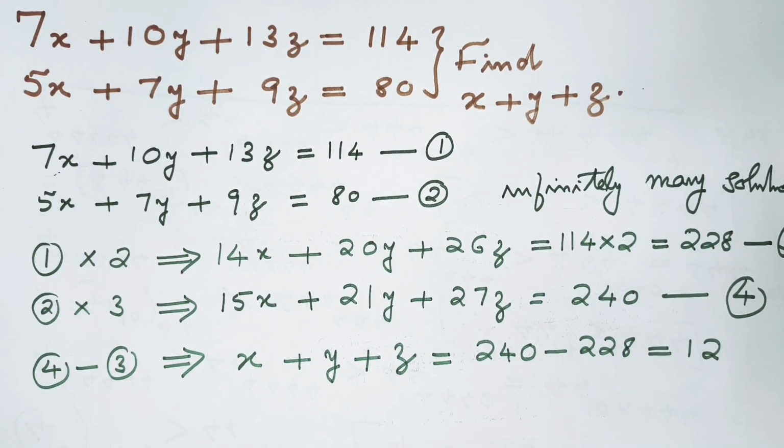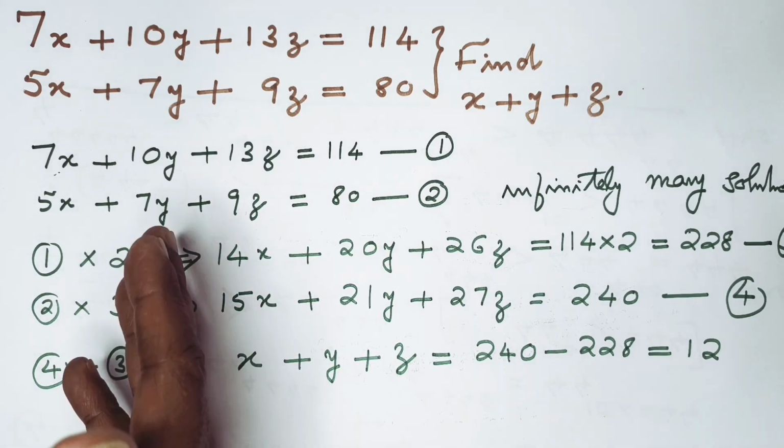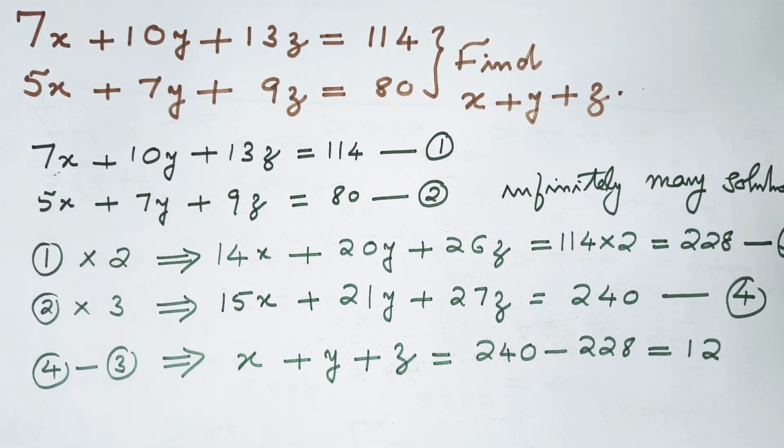Let me add a few more points regarding simultaneous linear equations. See, the general rule to get unique or single solutions of a system of linear equations is that you should have as many equations as the number of variables. For example, in the question given here, you have three variables.